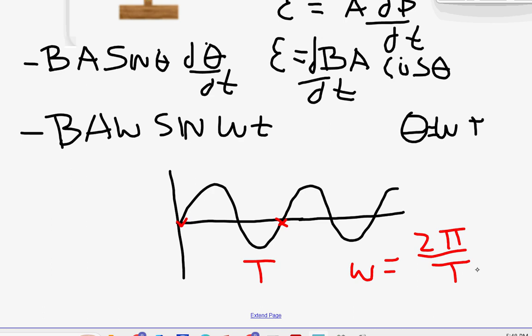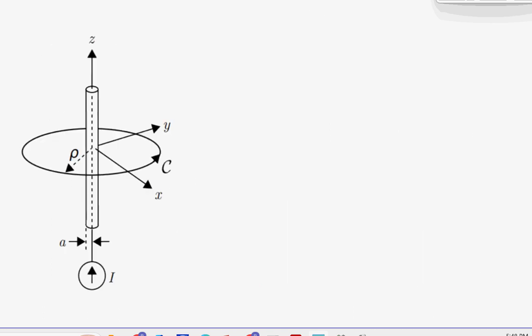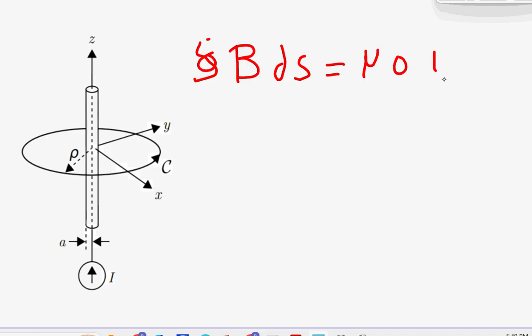Now, another topic we've been dealing with is Ampere's law. If we have a wire with current going upwards here, you can draw an Ampere's loop around that, and we're remembering that the line integral of B dot ds does equal mu naught times I enclosed.